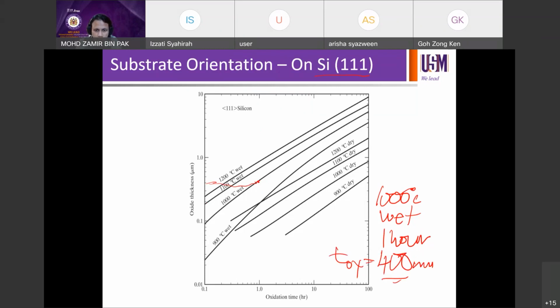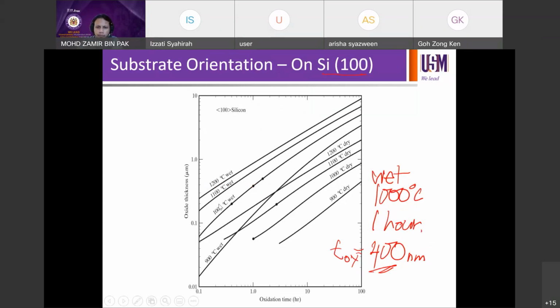But looks similar. Okay, cuba kita tengok dry process pula. Let's try dry process. Let's see. Okay, let's go back to 100 and we compare. Let's use 1000 degrees C, 10 hours.